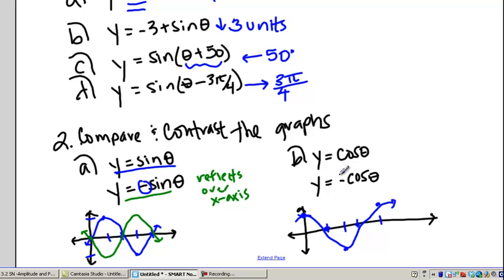So the blue is the parent function. And again, this negative means it reflects over the x-axis. So if you say you start low and then go up and then come back down, you are correct. And that's all you're doing.